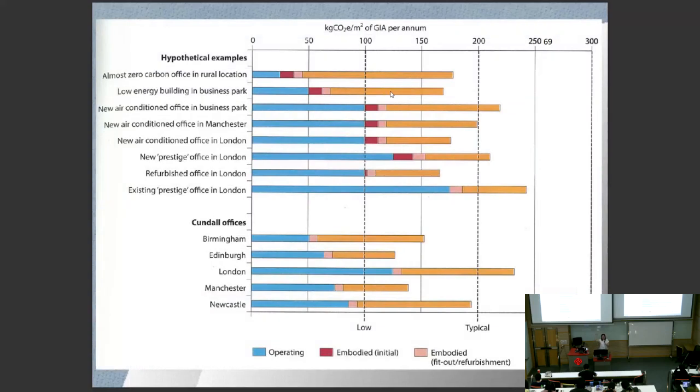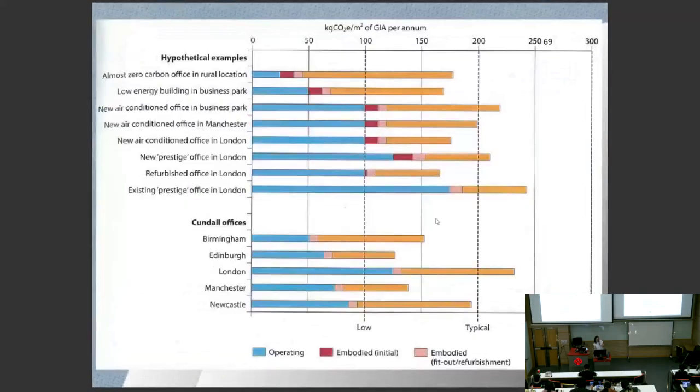And if we illustrate these data in a figure, it will be something like this. For an almost zero carbon office building in a rural area, the operating carbon is expected to be low, right?